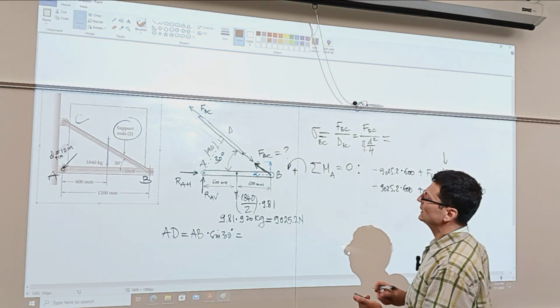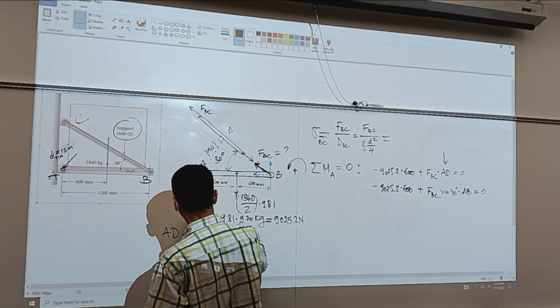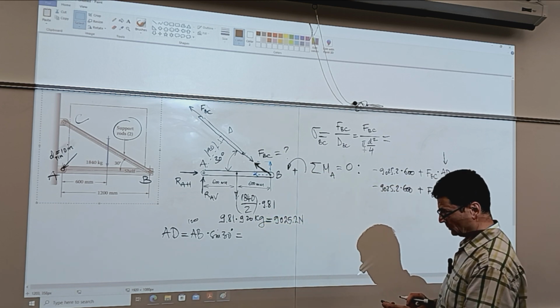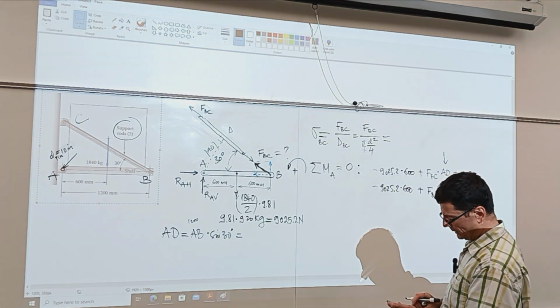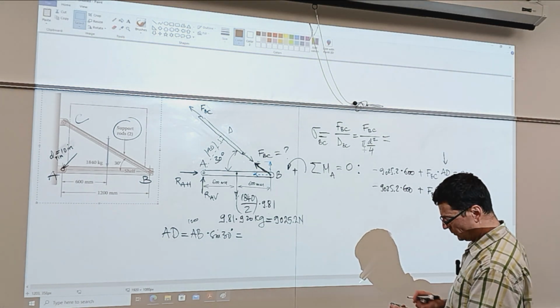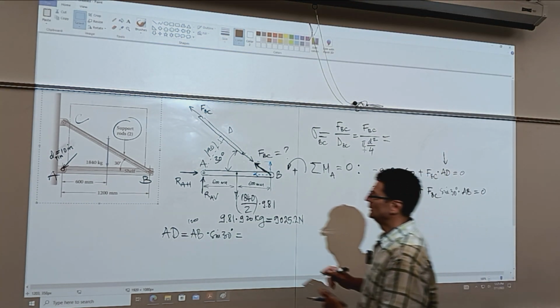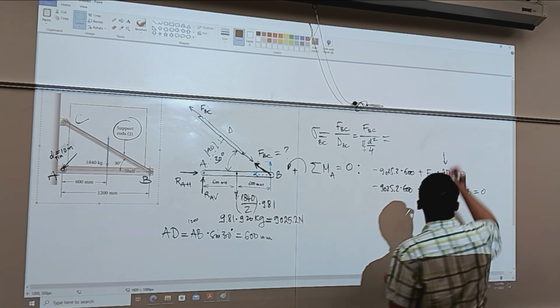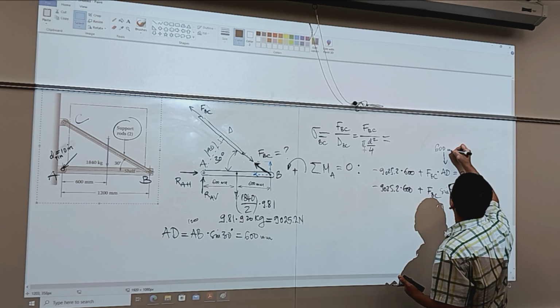So AB, that was 1200. So 1200 times sine 30 degrees is half, 0.5, so this is 600 millimeters. Don't forget units. So 600 millimeters.